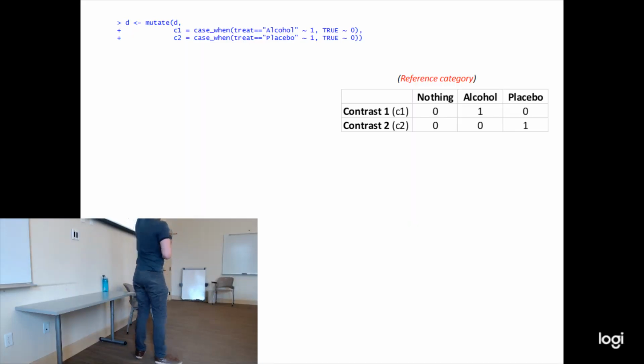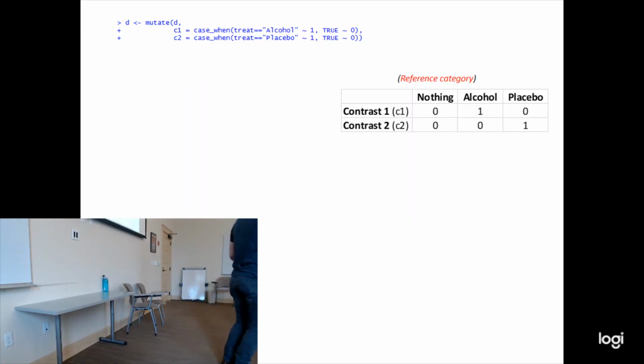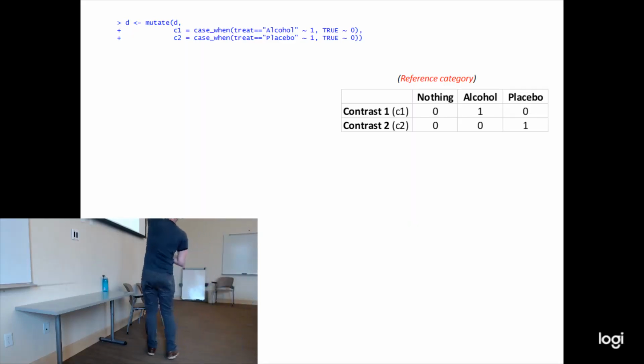Case when allows me to create one number if one condition is satisfied and other numbers if another condition is satisfied. So this says when my factor variable with the text labels, called treat, has the label alcohol, I want this to be a 1. Otherwise, I want it to be a 0.